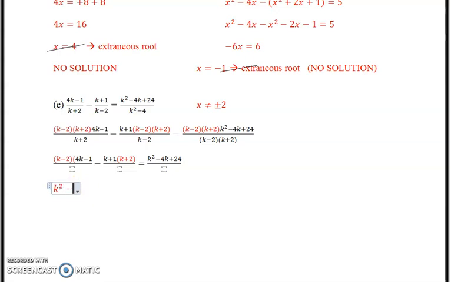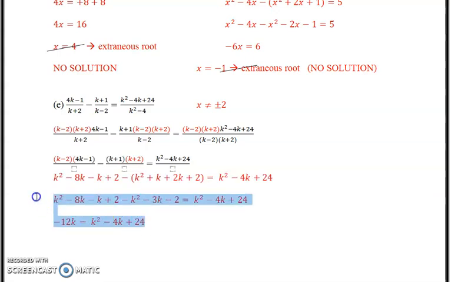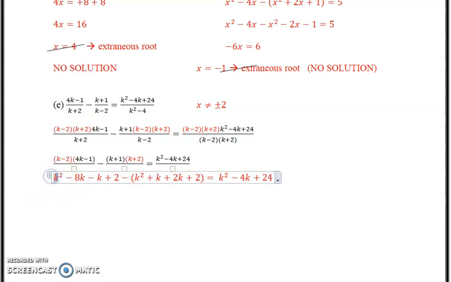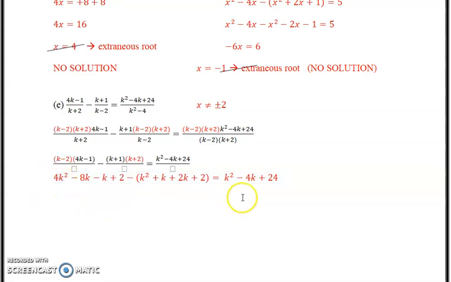We have minus 8. Sorry, little mistake there. Let's go back. That was actually 4k squared. My apologies, no big deal. And then we have 8k and k, so 2 times 4k and k minus 1, so that becomes 9k, plus 2. And k times k is k squared. Remember, this is subtract, so every term is going to be subtracted. And the k multiplied by the 2k, so it's actually 3k. Collect like terms, plus 2.